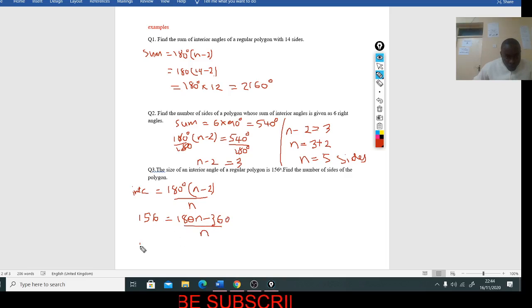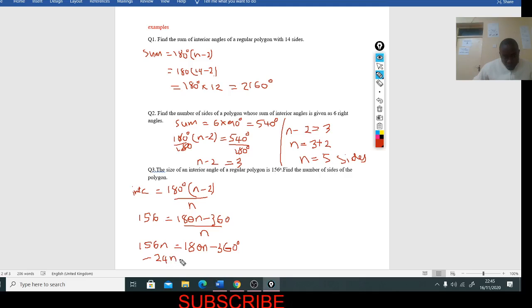I will have 156n equals 180n minus 360. Collecting like terms, if I take 180n to the other side, it will be negative 24, because 156 minus 180 is negative 24.